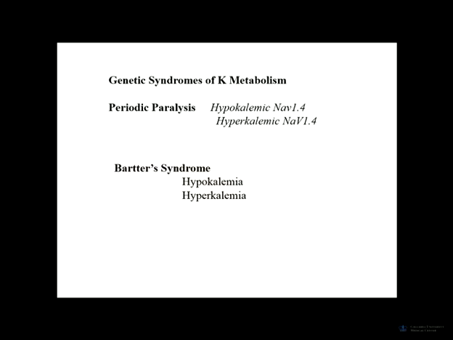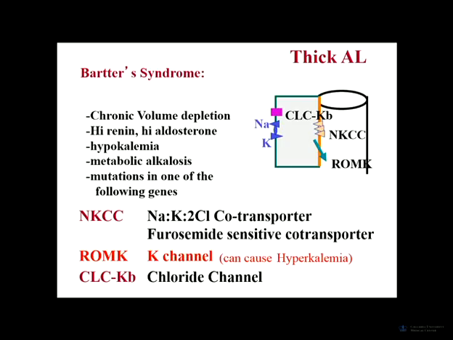Okay, so there are a number of genetic syndromes that are associated with potassium metabolism. There are people who have syndromes produced by mutations in sodium channels, and also a variety of other things. Let us talk about Bartter syndrome, because it's associated with severe hypokalemia, but can also be associated with hyperkalemia. So what is Bartter syndrome?